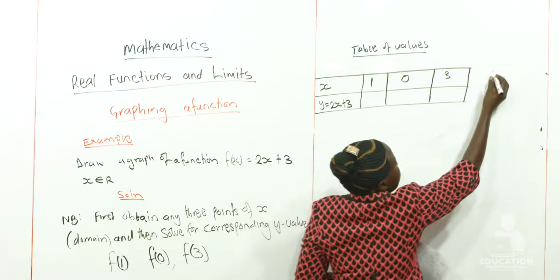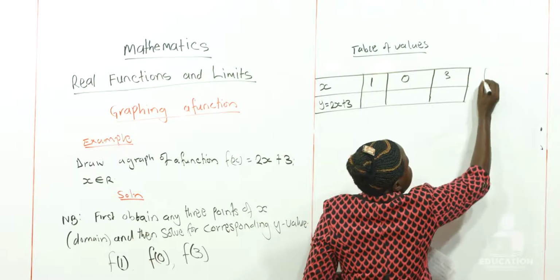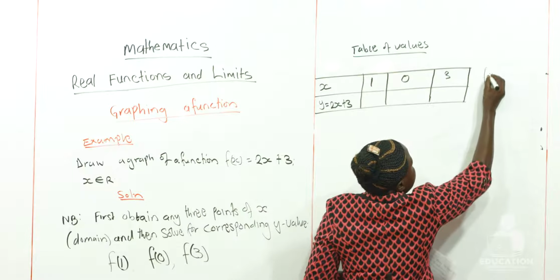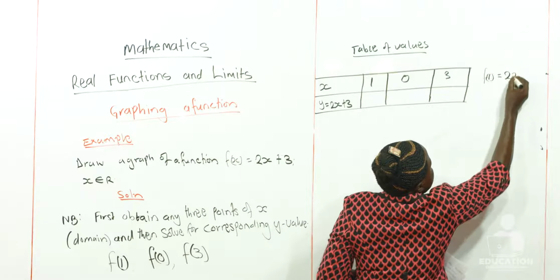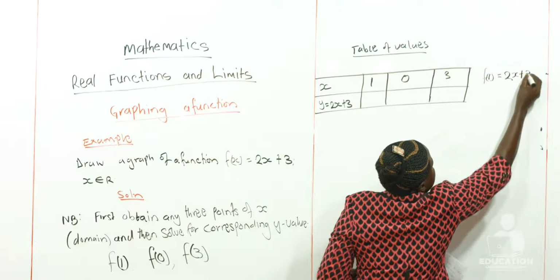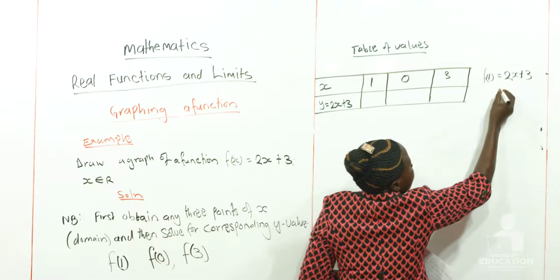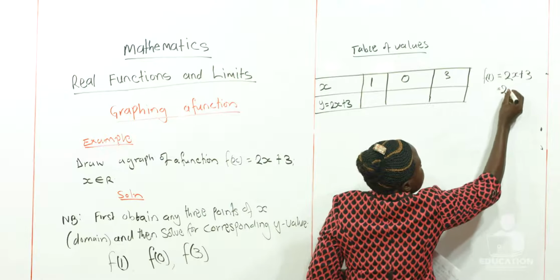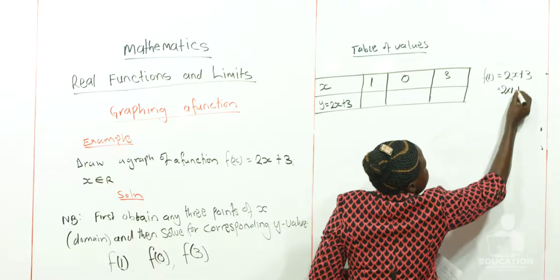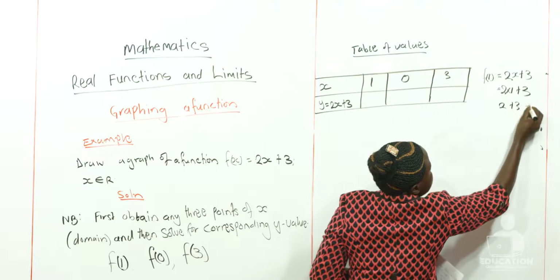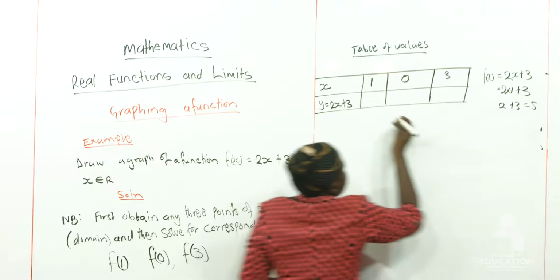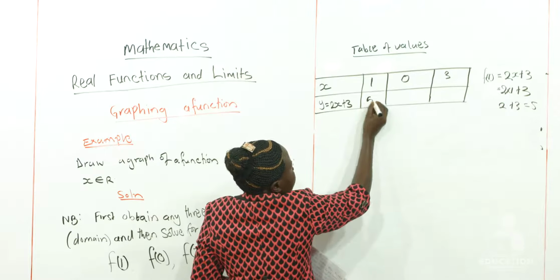We simply say f(x) equals the rule, which is 2x + 3. So if x is 1, then you simply get 2 times 1 plus 3, which gives 2 plus 3 equals 5. So here will be 5.